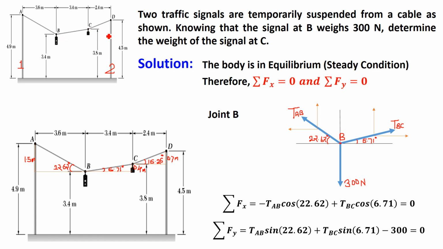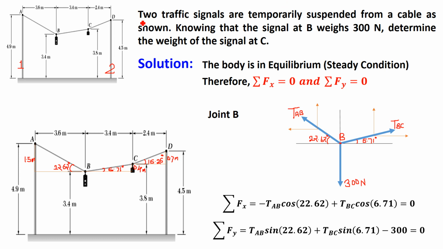Now if you imagine how this body is in a condition of equilibrium. When these cables are attached to two poles and these two signals are suspended from points B and C, after suspending the signals, this setup is in steady condition, right? So this is called equilibrium condition. The body remains in a steady condition.